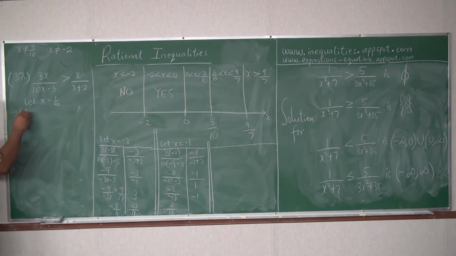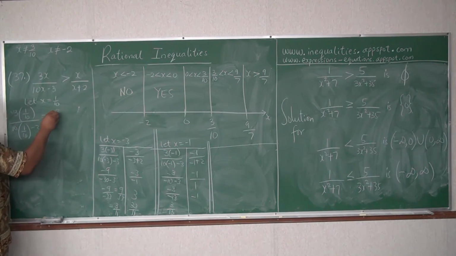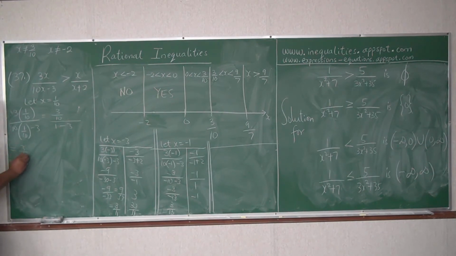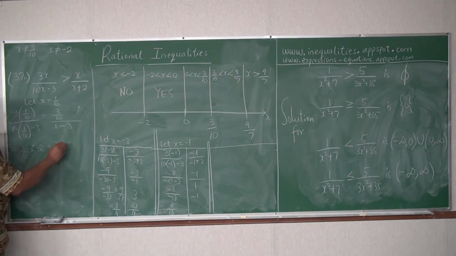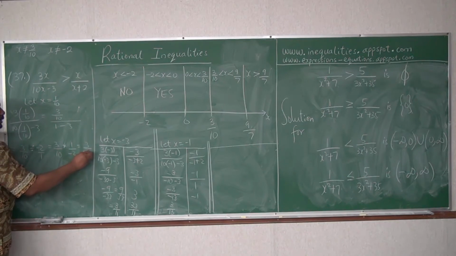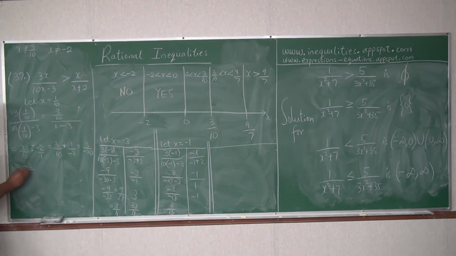And this will be 3 times 1 over 10 all over 10 times 1 over 10 minus 3, which is 3 over 10 all over 1 minus 3, which is 3 over 10 divided by negative 2, which is 3 over 10 times 1 over negative 2, which is 3 over negative 20, which is negative 3 over 20. Okay, that is for the left.